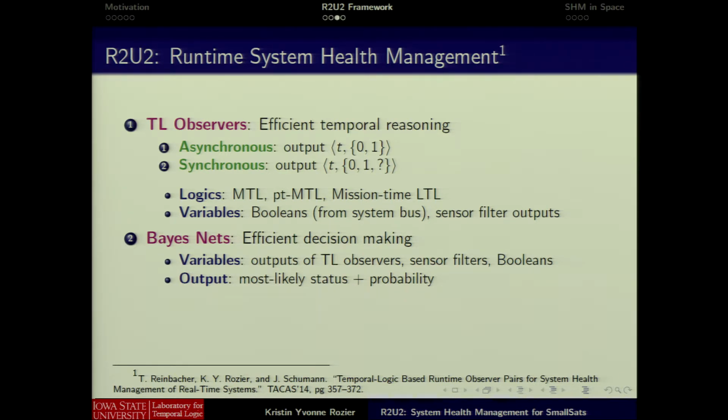And it returns this at every tick of the system clock as a very useful liveness and sanity check. We pair the outcomes of these runtime observers with Bayes nets that are able to reason over these, filtered sensor data, other values, other Booleans we might get from the system, and then output the most likely health status and the probability of that status.